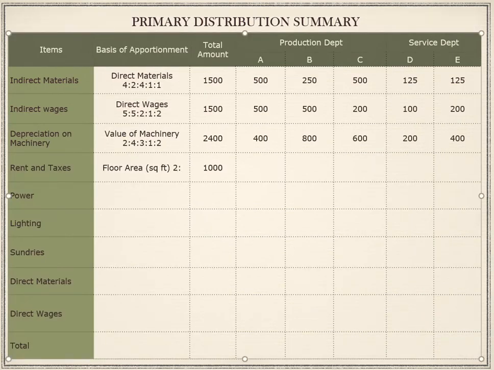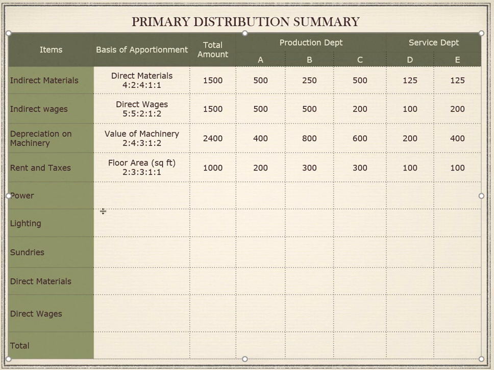If we add, how much are we going to get? 2 plus 3 is 5, 5 plus 3 is 8, 8 plus 1 is 9, 9 plus 1 is 10. 1000 divided by 10 is 100. 100 into 2 is 200, 300, 300, 100, and 100.